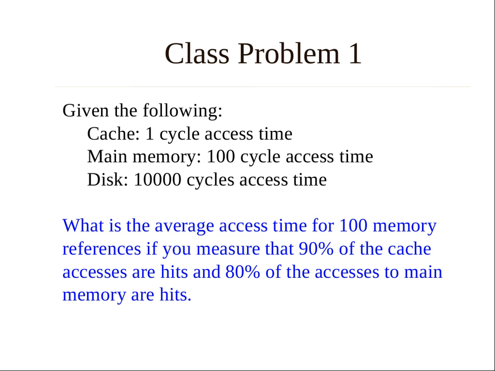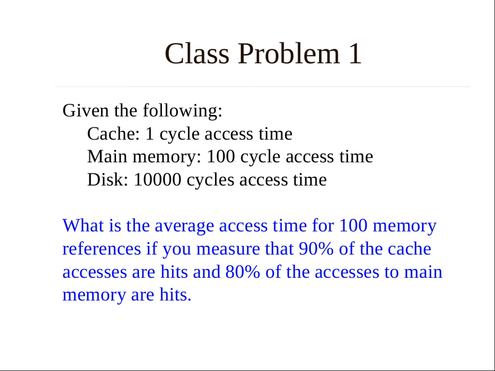Anyone got this? I don't think I put that in right, 208.9. Well, yeah, it's 0.9, so 208.9. That sounds about right. 0.02 times 10,000, that's 200. 0.08 times 100 is 8, and then 0.9 is the cache access time.